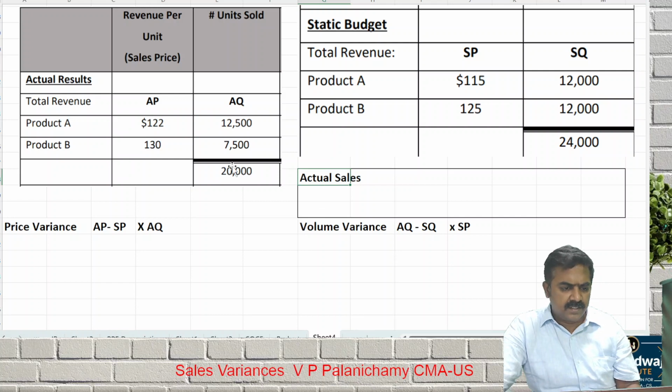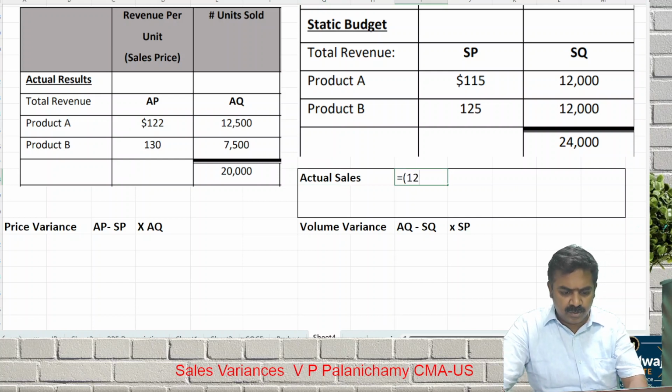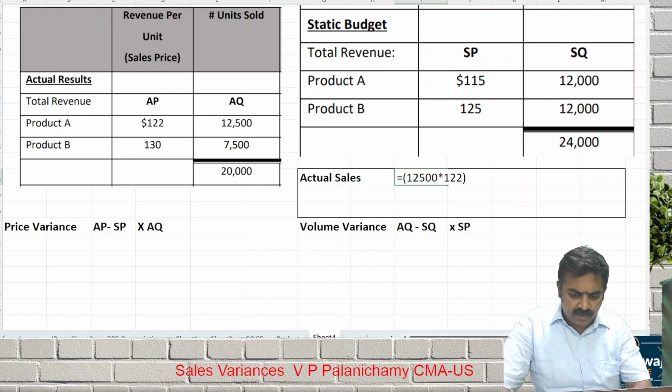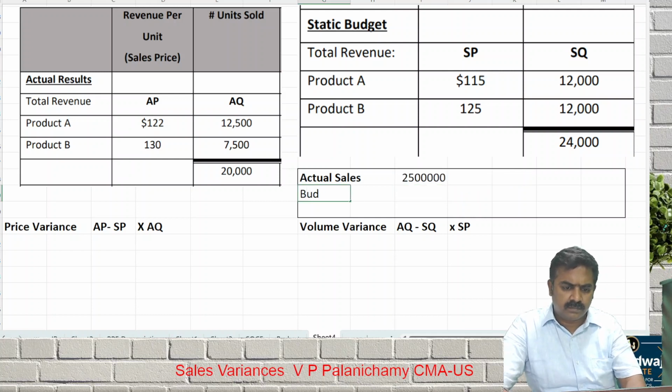Work out the actual sales. 12,500 into 22 plus 17,500 into, 2.5 crores.